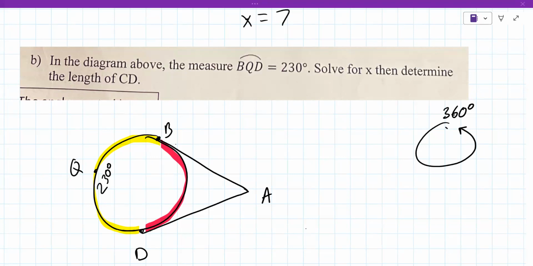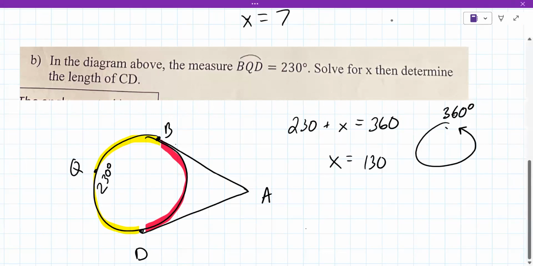So it's 230 plus unknown equals 360. It's 130. X equals 130.